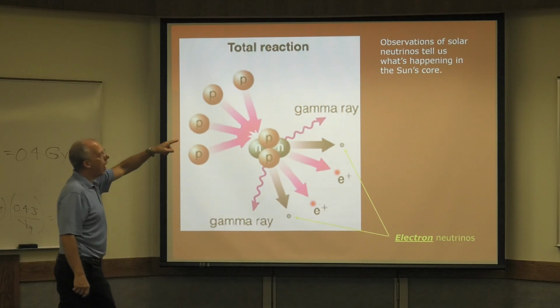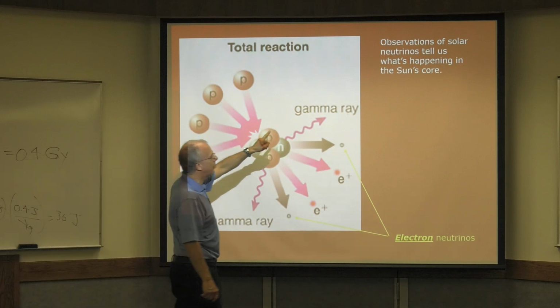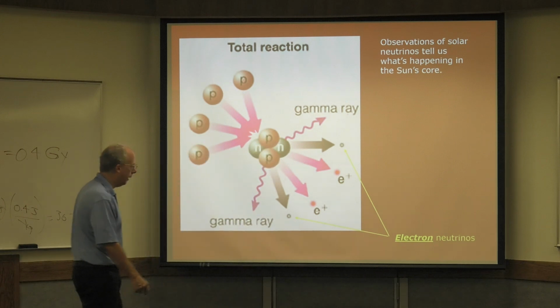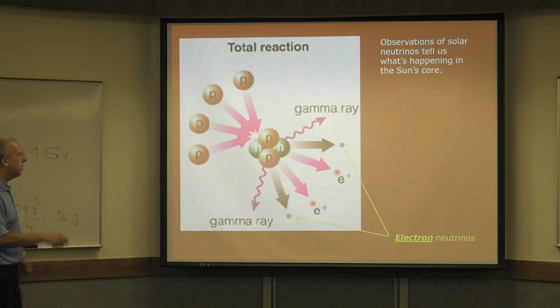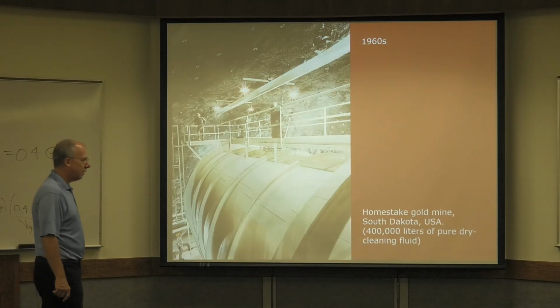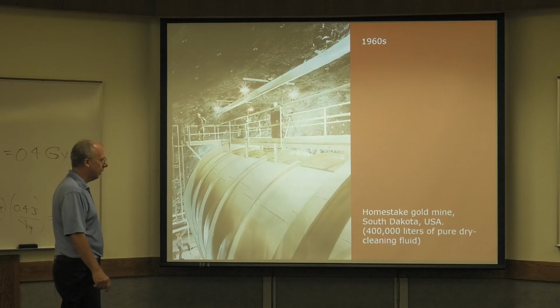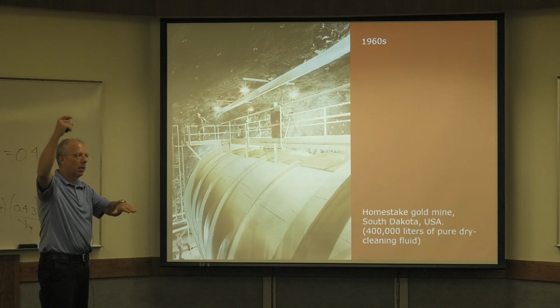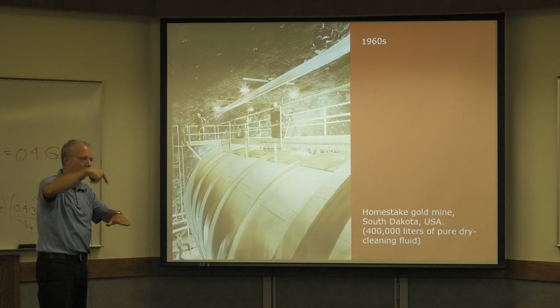Observations of solar neutrinos coming from the sun tell us what's happening in the sun's core. So in the 60s and later, people built these gigantic detectors under the ground, because the neutrino will penetrate the ground.